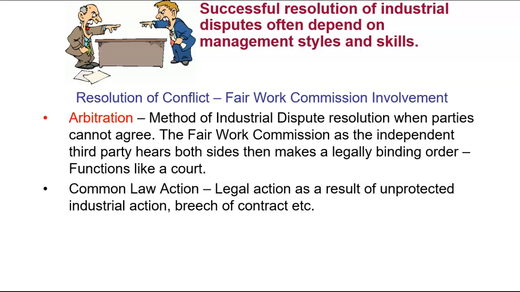The Fair Work Commission is the independent third party, hears both sides of the argument, then makes a legally binding order. Their role functions like a court. That's the final step in the process. Whatever decision the Fair Work Commission comes up with is binding on both parties.